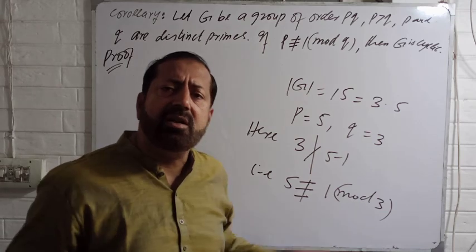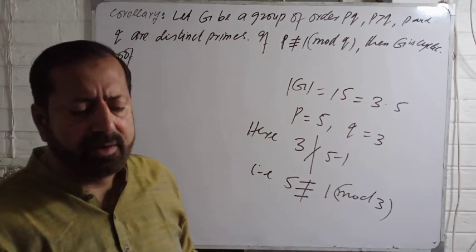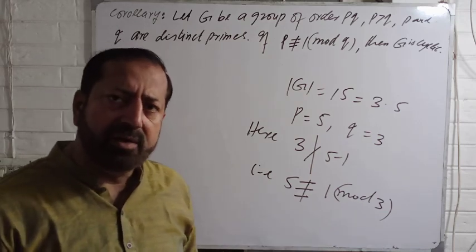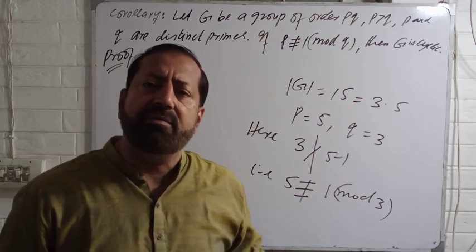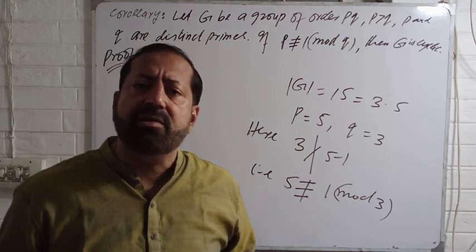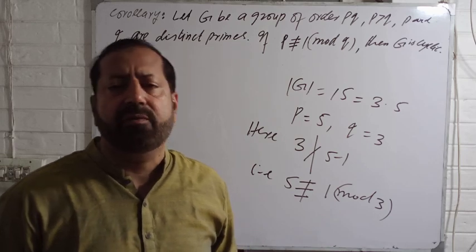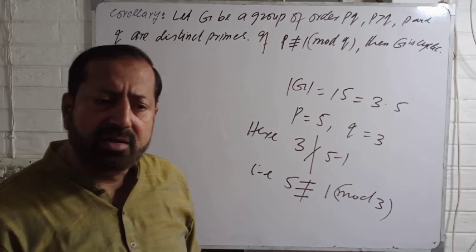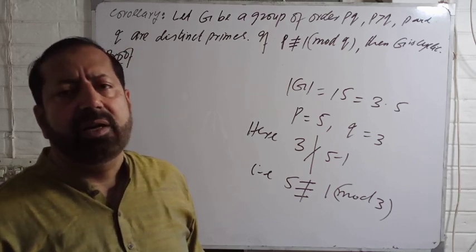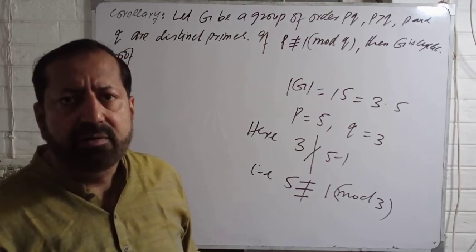So there does not exist any non-abelian group of order 15. Okay, you know that a group of order 15 is cyclic, and every cyclic group is abelian. This means that every group of order 15 is abelian. This means that there does not exist any non-abelian group of order 15.